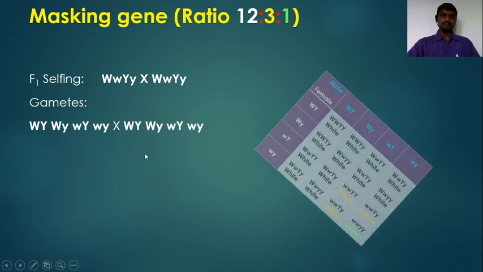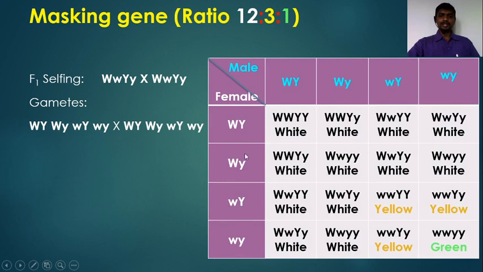When these gametes fuse with each other, we get the different genotypic combinations by using a checkerboard. So here this is the male side, this one is the female side. The gametes are written like this: capital WY, capital W small y, small w capital Y, small w y. Similar types of gametes are also produced by the female parent.